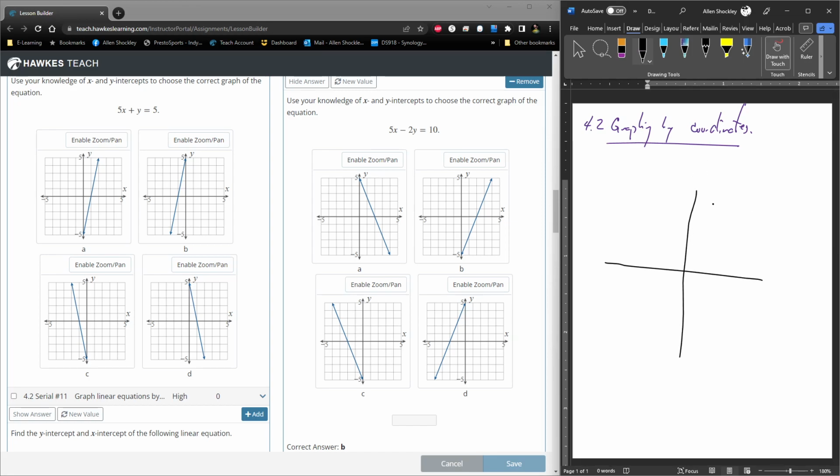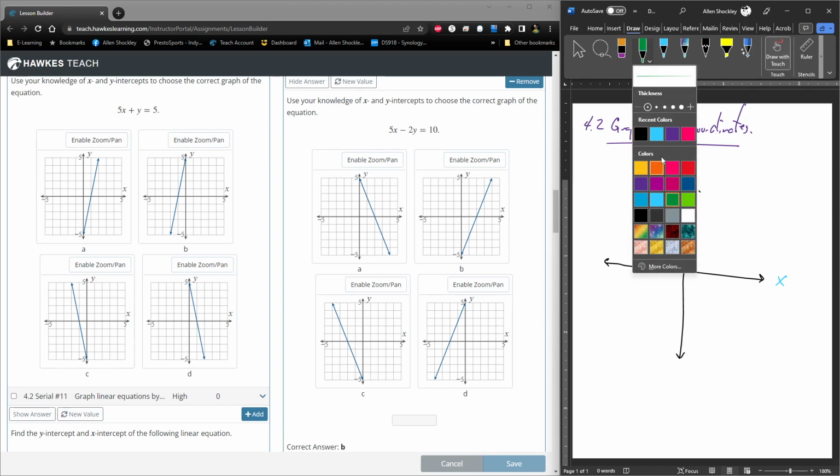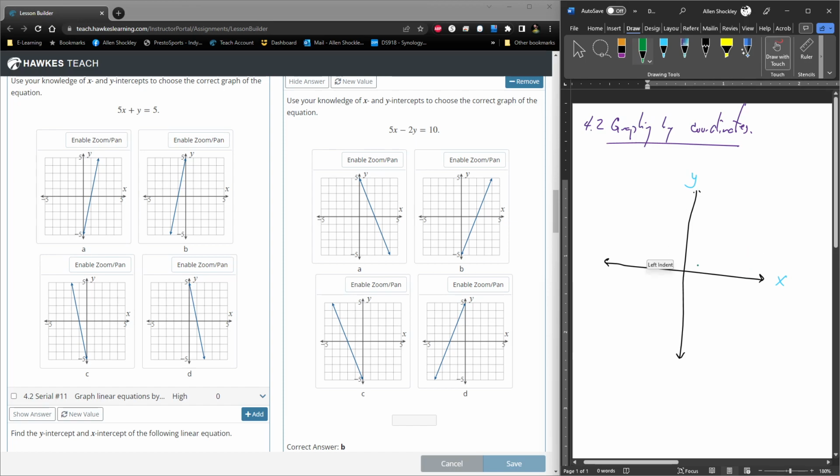If we want to graph using intercepts, we need to know what they are. An intercept is any point that falls directly on one of these axes.